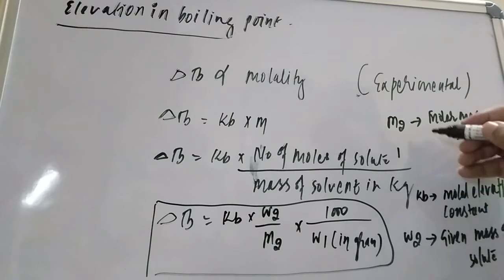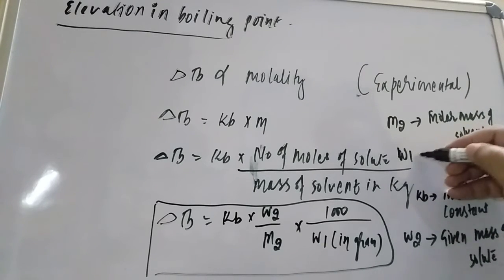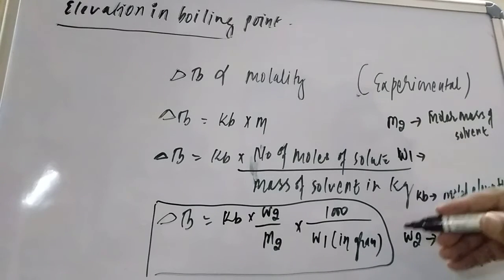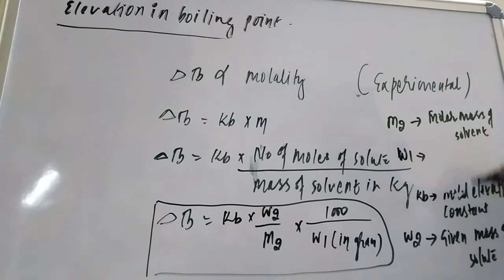And when you go for W1, what is W1, student? That is the given mass of solvent. M2 is the molar mass of solute, and W1 is the given mass of solvent. You have to remember that 2 is always the solute, wherever we write the term 2, and 1 is the solvent. So W2 is the given mass of solute, M2 is the molar mass of solute, W1 is the given mass of solvent.